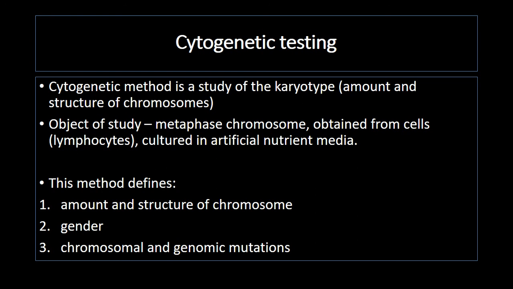The object of the study is metaphase chromosomes obtained from cells. As a rule, it is lymphocytes cultured in artificial nutrient media. This method defines, as we said earlier, the amount and structure of the chromosomes; the second, gender; and the third, chromosomal and genomic mutations.